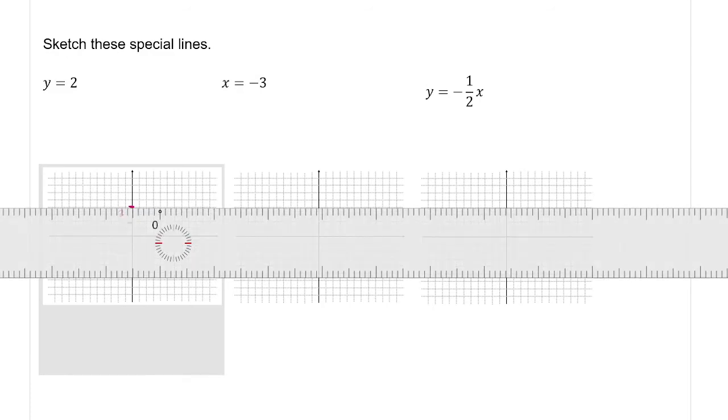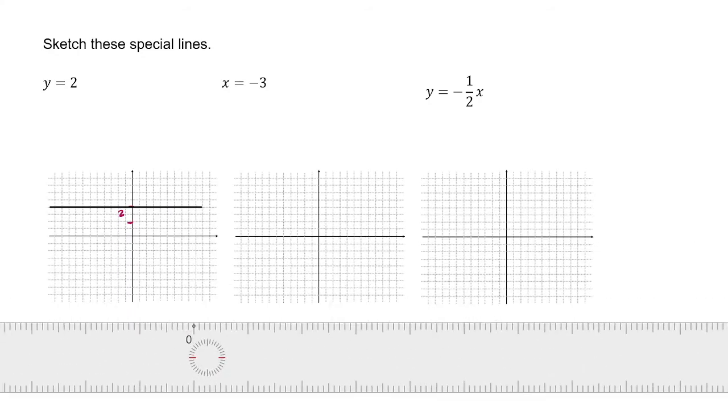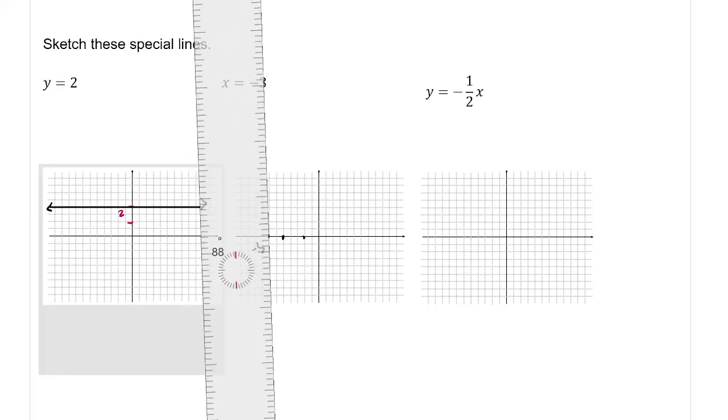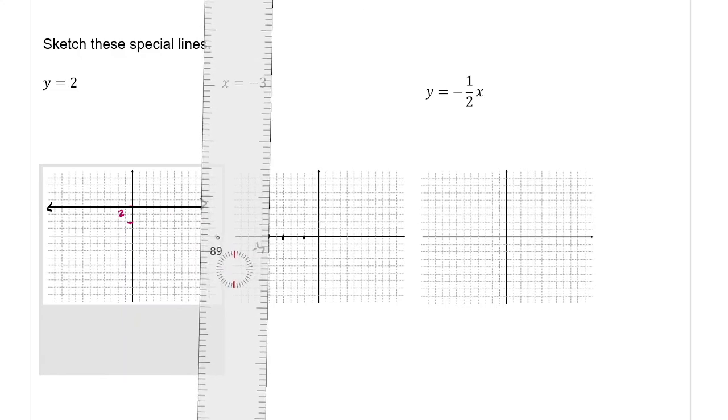Find where it crosses the y-axis, and voila. Then we've got x equals -3. So I'll do the same thing, only this time for the x-axis.